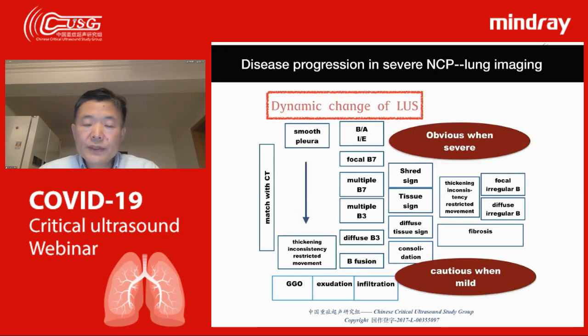And if the condition becomes worse, or sometimes nodular things in the lung, you will see a shred sign, tissue sign, or tissue-like sign, or hepatic-like sign, something like that. And we see the consolidation.